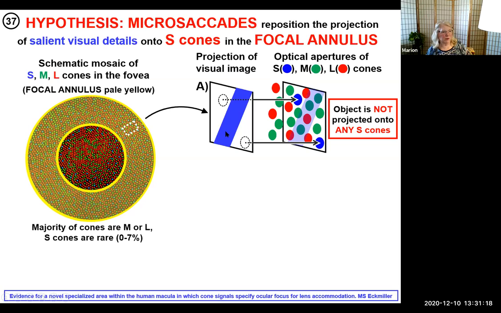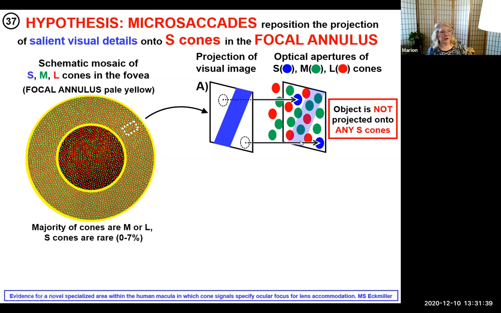We're projecting a blue line like this, okay? And that line of the image gets projected onto the optical apertures of the cones there in the focal annulus. There are not very many blue cones in it. There are many more red and green cones.